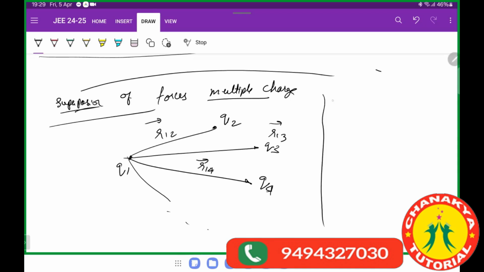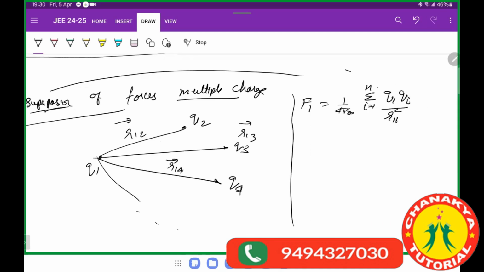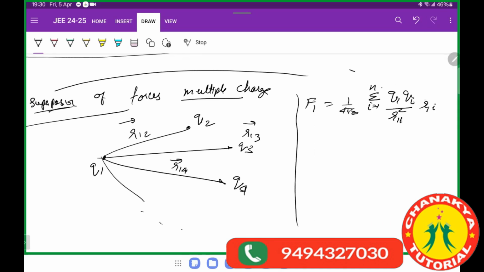The total force on Q1 is 1 by 4 pi epsilon naught times the sum over i, where Q1 is constant and Qi for i equals 2, 3, 4, 5, whatever the number is, divided by R1i square, times the vector form R1i cap.